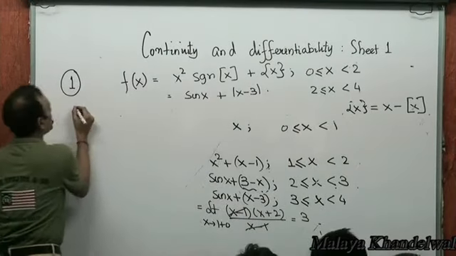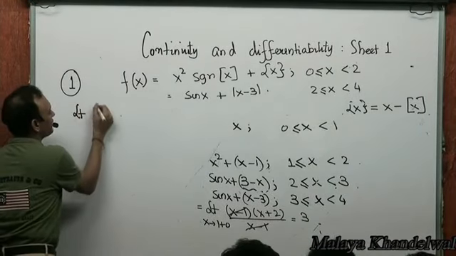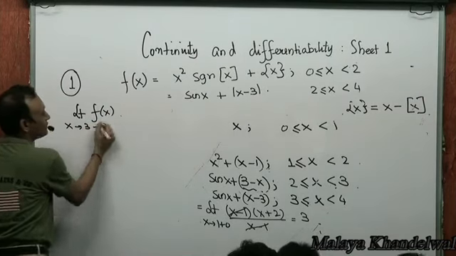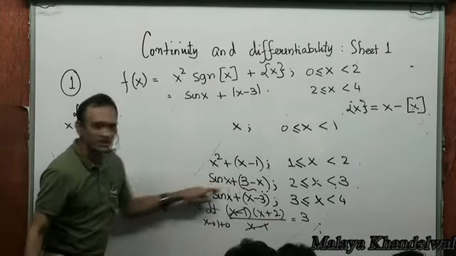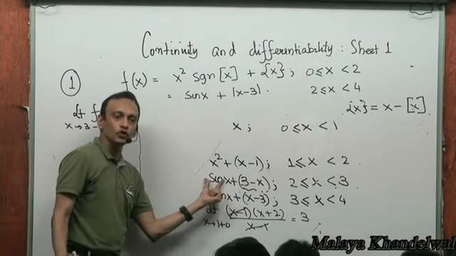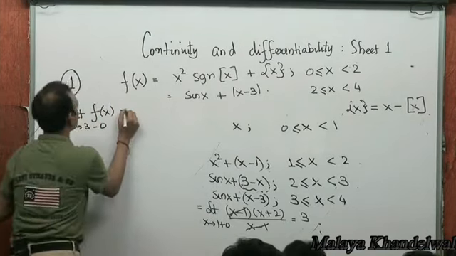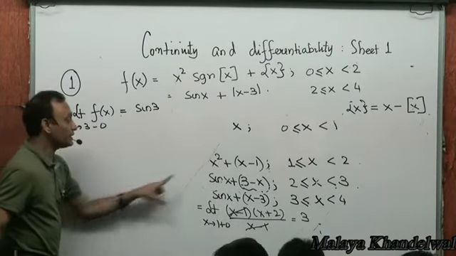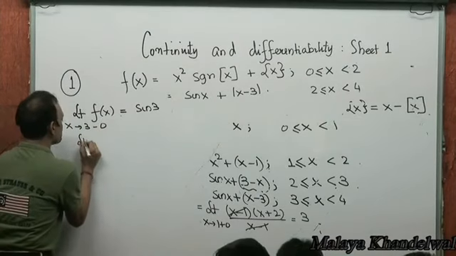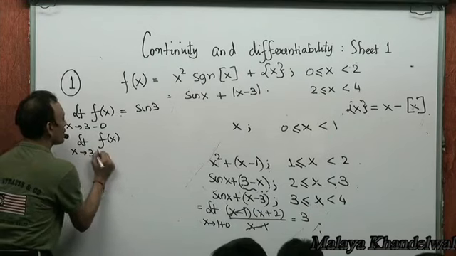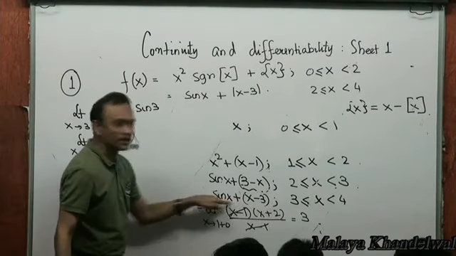So continuity first, limit f(x), x tends to 3 from the less than 3 side. When x is less than 3, this is the description. And as x tends to 3, this will tend to 0, this will tend to sine 3, right? So the left hand limit at 3 is sine 3, right? Then limit f(x), x tends to 3 from the greater than 3 side. When x is greater than 3, this is the description.